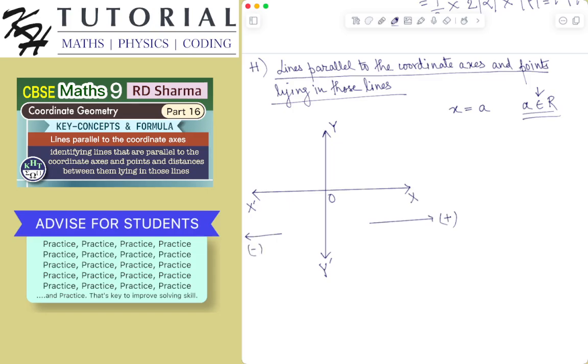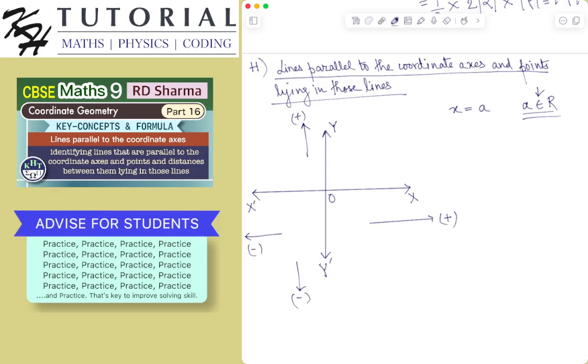Similarly, this is the positive direction of the y-axis, and this is the negative direction of the y-axis. If a is positive, then the line which is parallel to the y-axis will be to the right hand side of the y-axis, and if a is negative, it will be to the left hand side of the y-axis or along the negative direction of the x-axis.